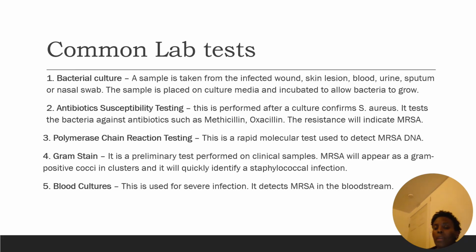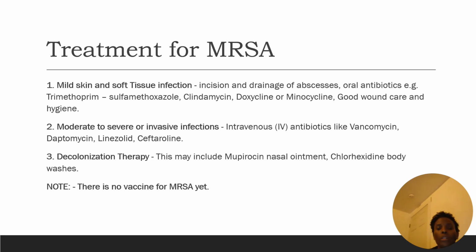MRSA will appear as gram-positive cocci in clusters, and it will quickly identify the Staphylococcus infection. Lastly, we do a blood culture, where the infection has become so severe, to detect that there is MRSA in the bloodstream.